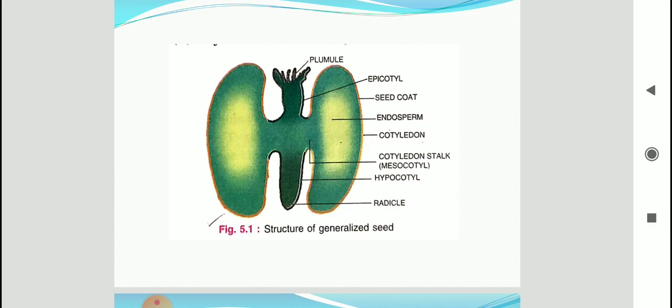You can very well understand that which region is marked as epi and which region is marked as hypocotyle. One more thing you can see, that is endosperm. So now we are moving towards understanding that what is endosperm and why some seeds have endosperm.